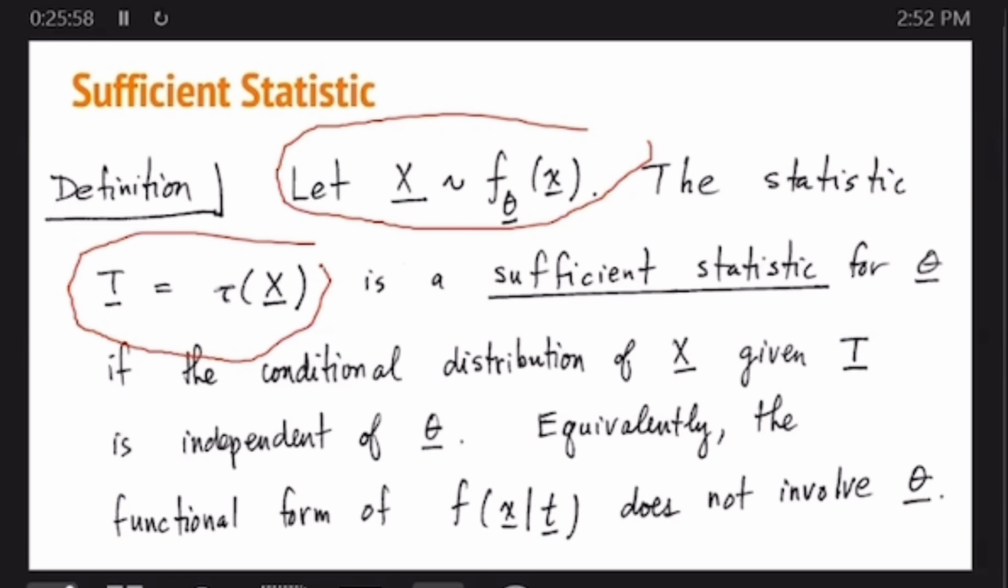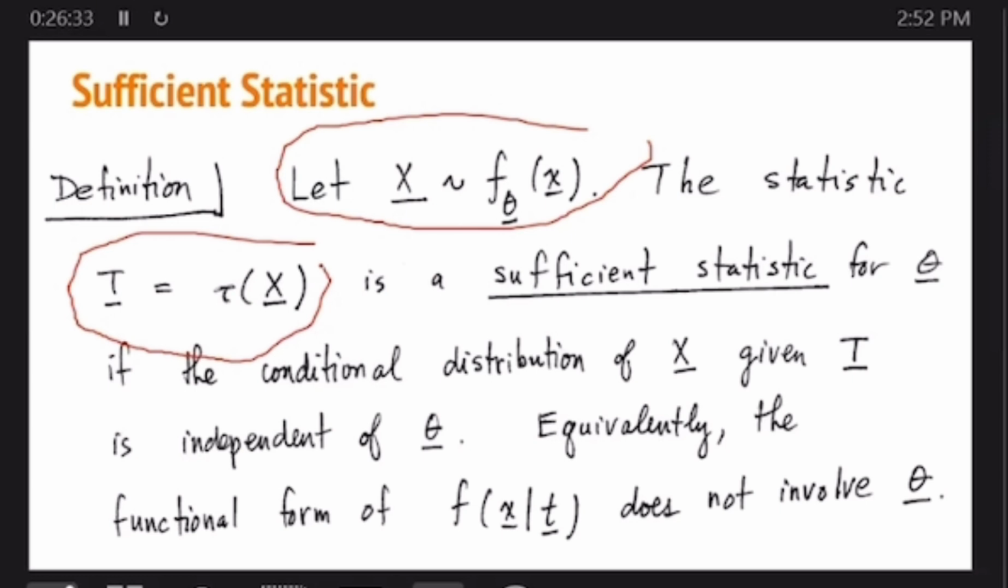It means that if I have already figured out my sufficient statistic, and I derive the distribution of the random variable from such a population, in my expression now there is no theta anymore. If there is no theta anymore, then it means I've already gotten the information that I need.